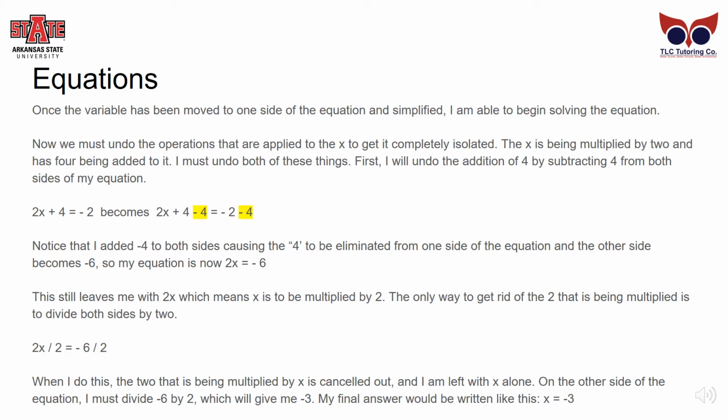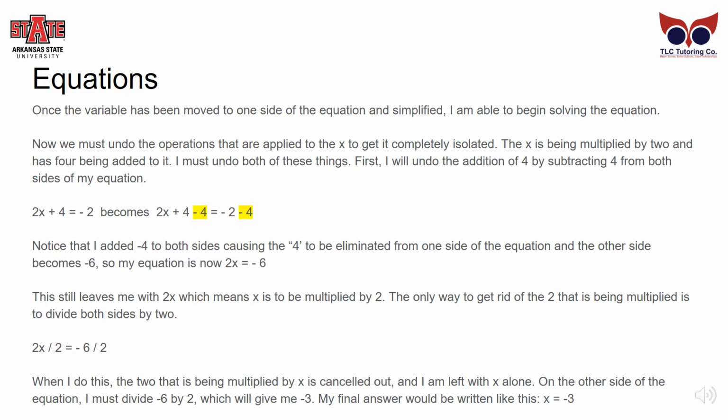Notice that I added a negative 4 to both sides, causing the 4 to be eliminated from one side of the equation, and the other side becomes negative 6. So my equation is now 2x equals negative 6. This still leaves me with 2x, which means that x is to be multiplied by 2. The only way to get rid of the 2 that is being multiplied is to divide both sides by 2.